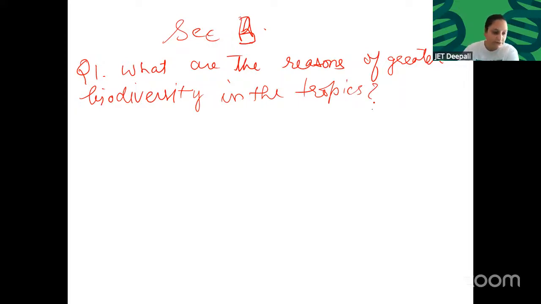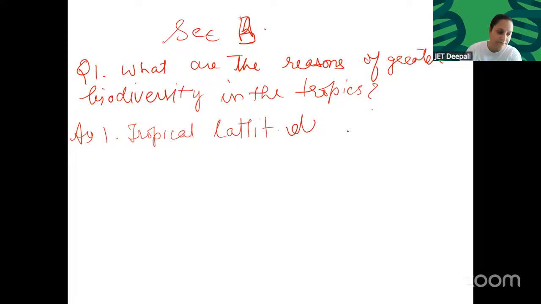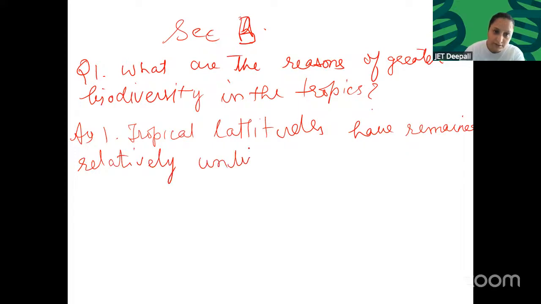Reasons for greater diversity in tropics are: tropical latitudes have remained relatively undisturbed for millions of years.